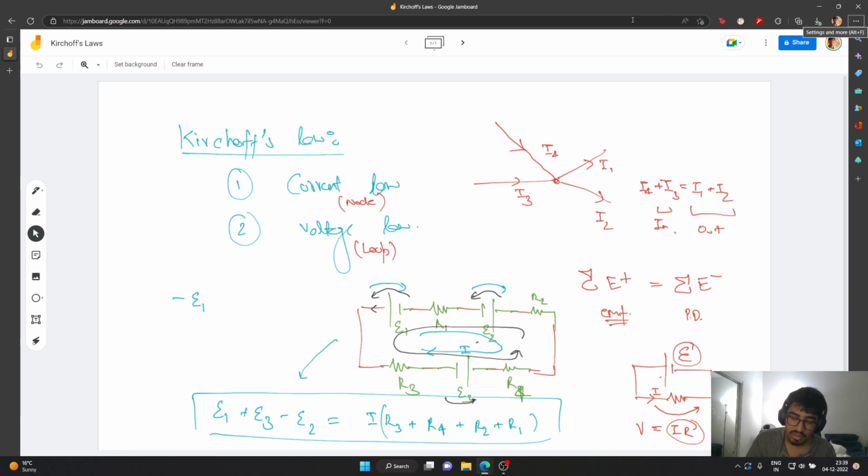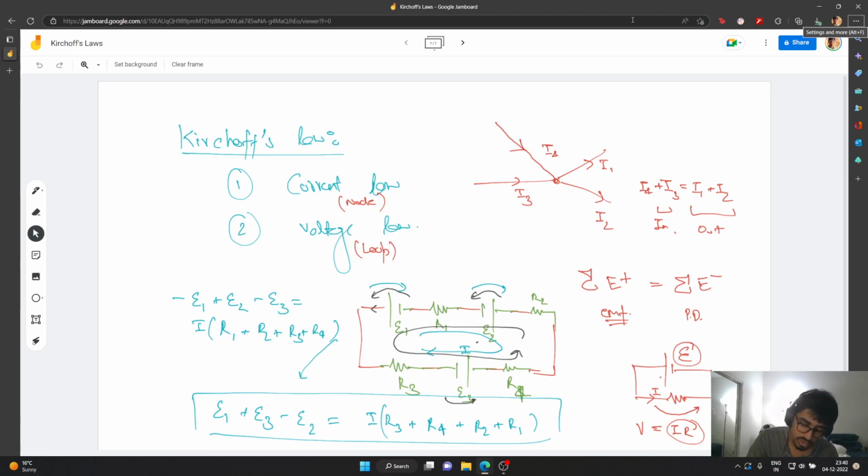So E1 eats up energy, now E2 helps the electrons, and finally E3 also eats up energy, and that is equal to I times all the things that actually lessen the energy: 1, 2, 3, and 4, all the four.